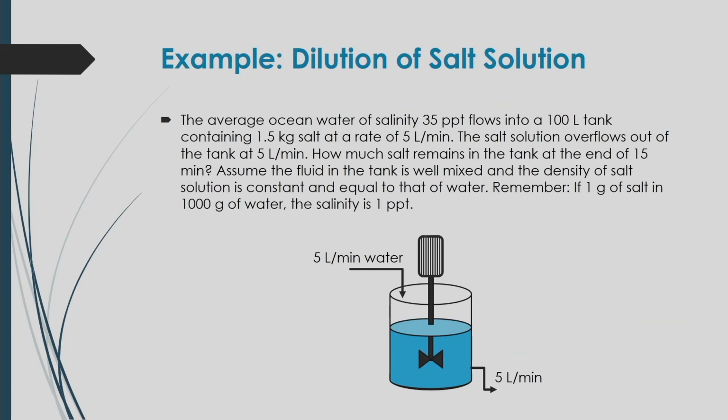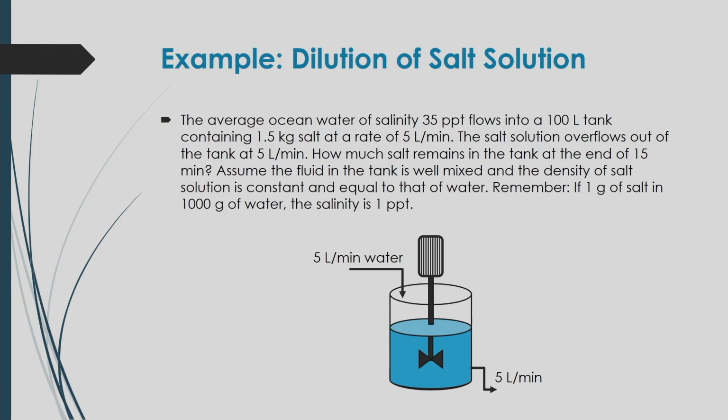Let us do another example here: dilution of salt solution. The average ocean water of salinity 35 ppt flows into a 100 liter tank containing 1.5 kg of salt, at a rate of 5 liter per minute.